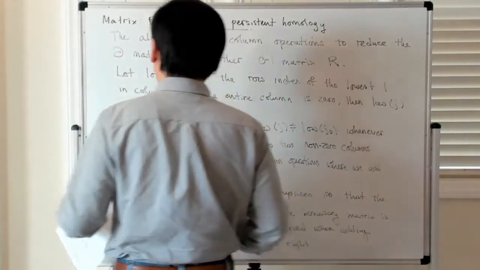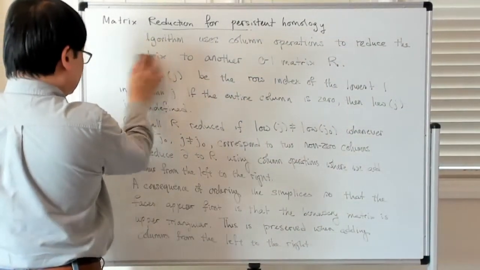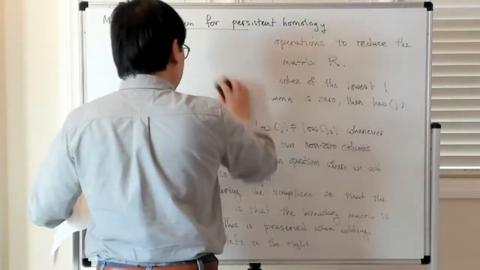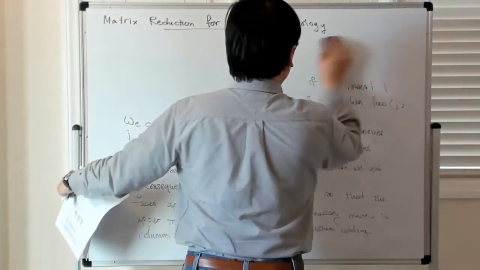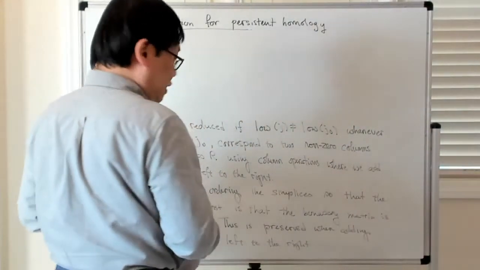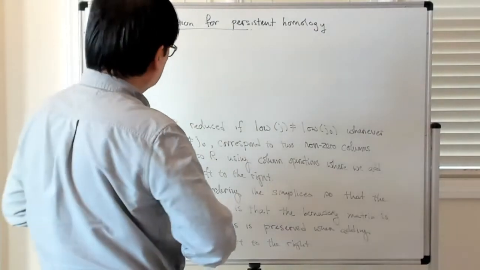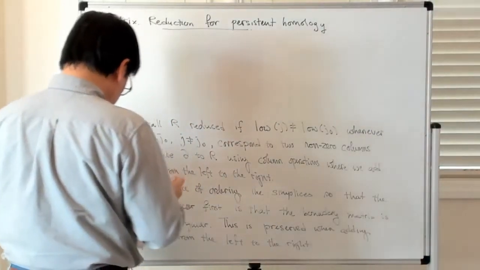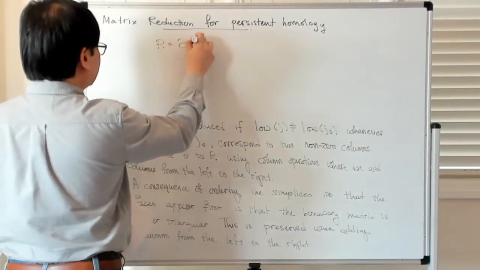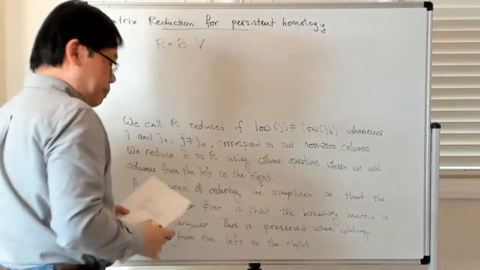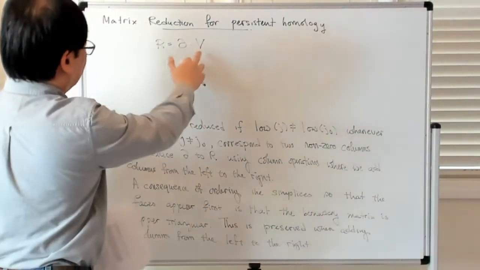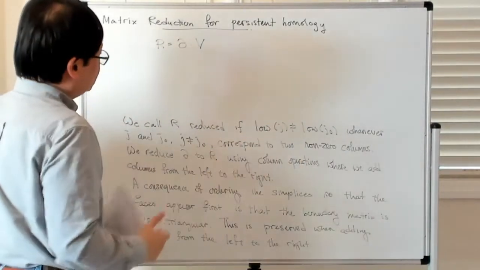So you start with the boundary matrix and perform these column operations so that you end up getting this reduced matrix R. We get R equal to the boundary operator times some matrix, again upper triangular as it turns out, because you're only adding left to right.